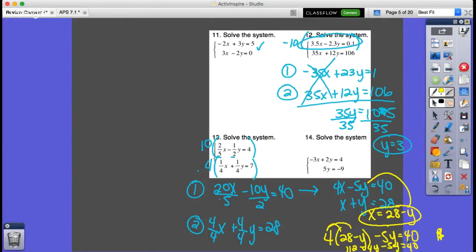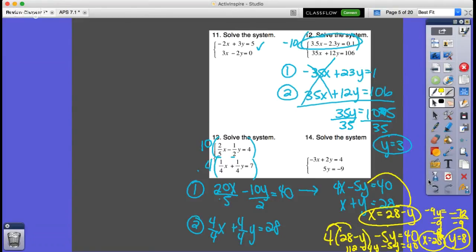I'll subtract 112 from both sides, getting me negative 72 on the right side, and on the left side would be negative 9y. Divide by negative 9, divide by negative 9, y equals 8. I like elimination better, it just goes quicker. That's up to you. When I plug 8 back in for y, I get x is equal to 20. Okay? So those would be my 2 answers there for solving the systems.